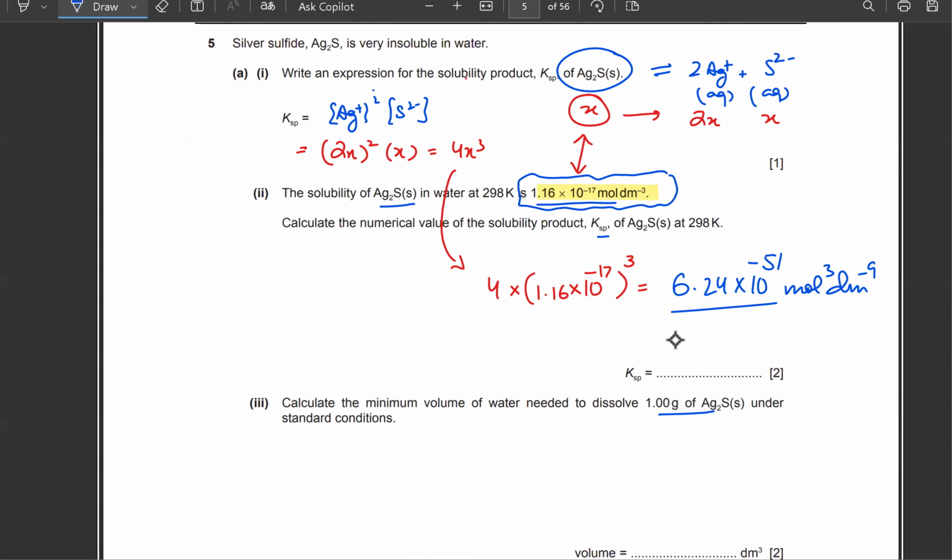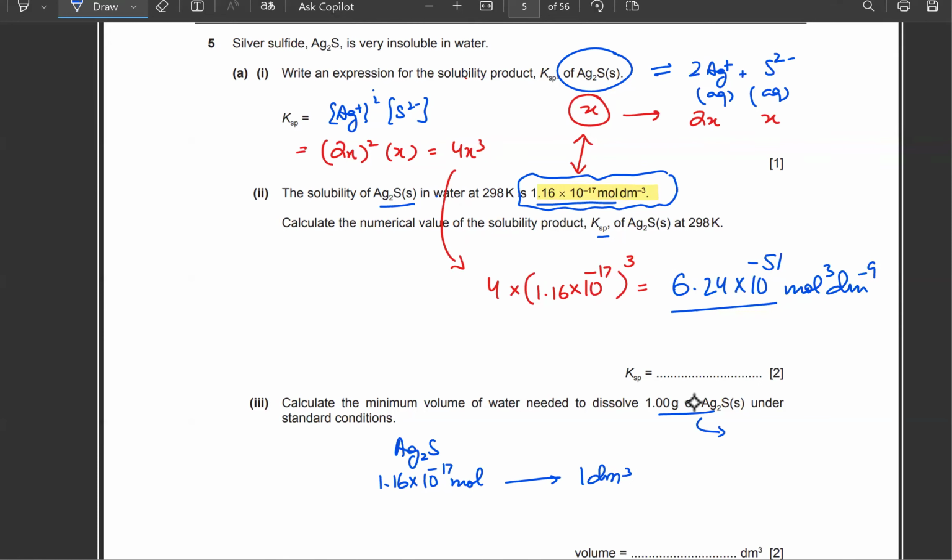So 1.16 times 10 power minus 17 moles dissolves per dm cube, meaning this is the amount that's going to dissolve in 1 dm cube of water. Is this clear? We got the solubility, and that's the amount that dissolves in 1 dm cube.